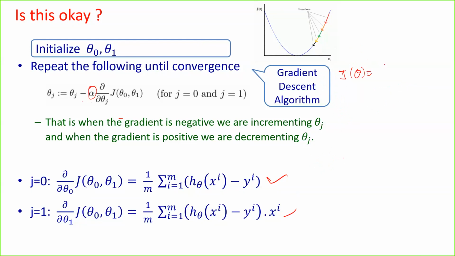The squared loss function: 1 upon 2m, summation over i equal to 1 to m, predicted minus actual, whole square. So this is the objective function.